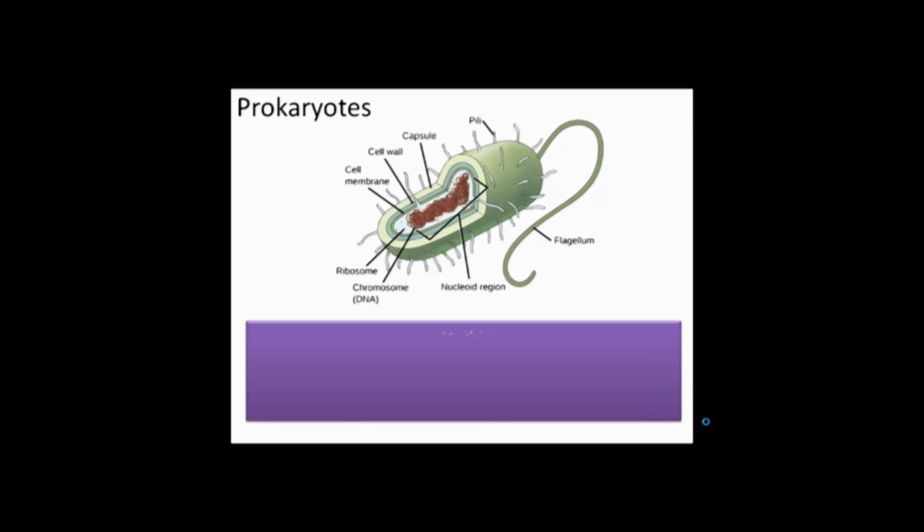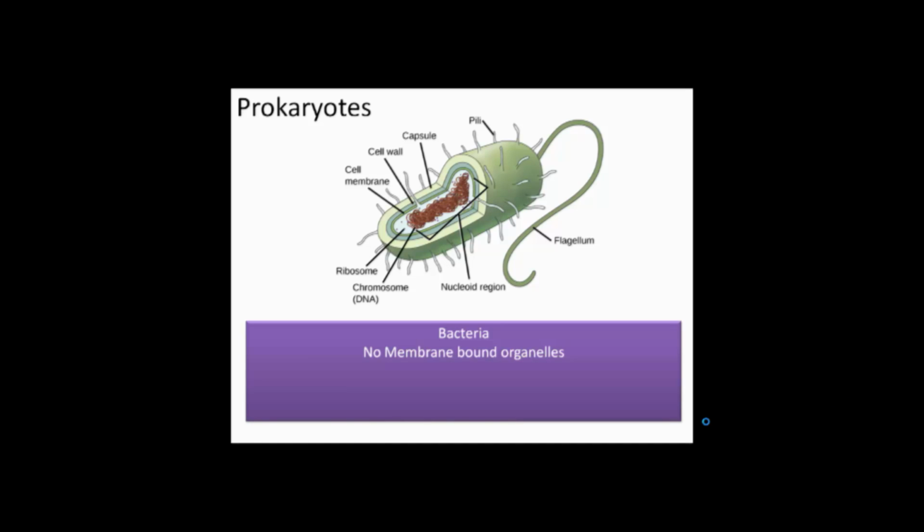So looking at the prokaryotic structure, the basic bacterial structure. Now keep in mind these are representative drawings. So not every bacteria will have pili, or not every bacteria will have flagellum, but some do. However, what they do have in common is that there are no membrane-bound organelles. What this means is there's no nuclear envelope, no endoplasmic reticulum, no mitochondria.